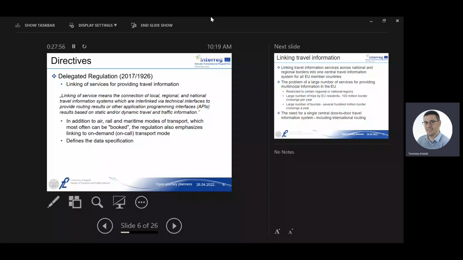Why is this important? Using this, you can say every local journey planner can use their own, I don't know in which way they develop their services, but they can transform these services by adding an application programming interface that communicates with their service with this API.